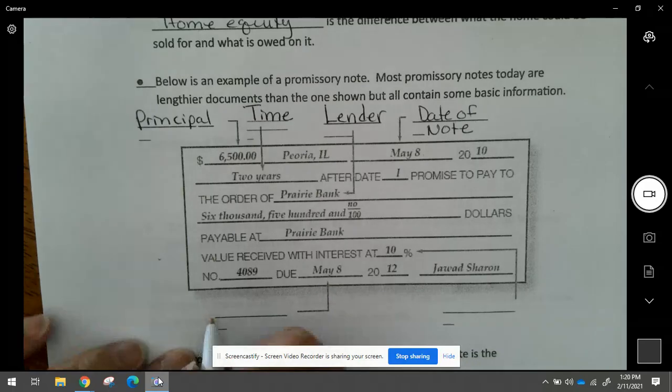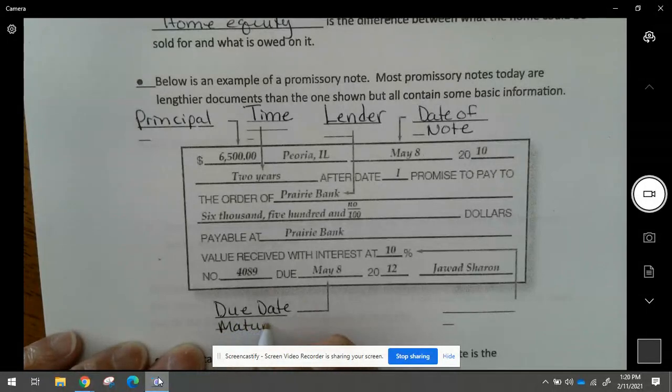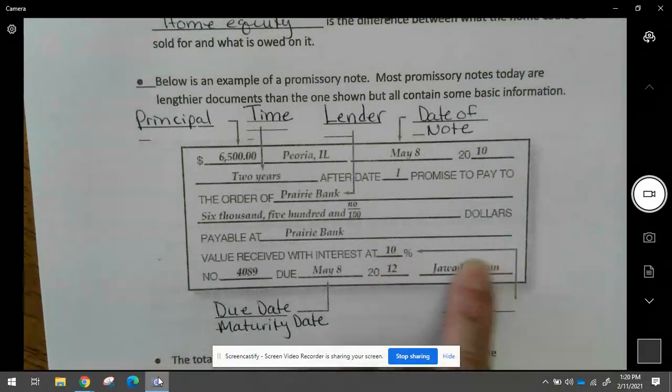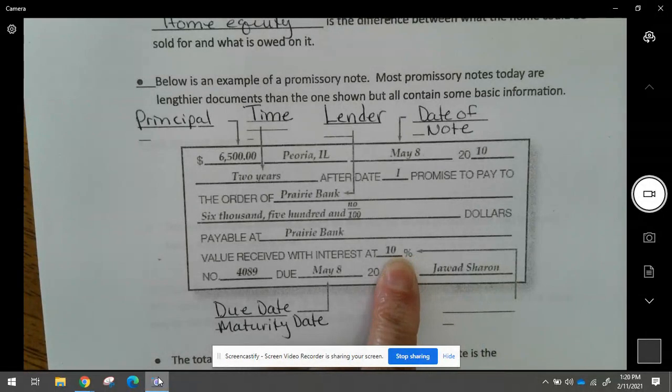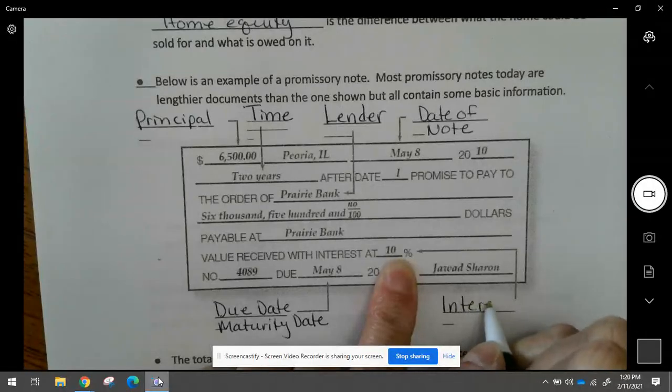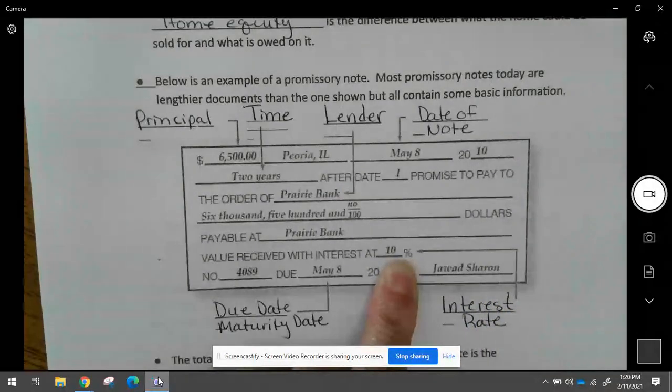So this is our due date or maturity date. You might hear it both ways. And then our last term, this line, interest of 10%. So this is our interest here, our interest rate.